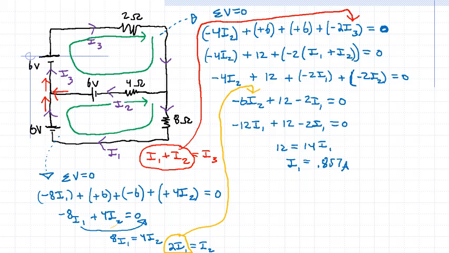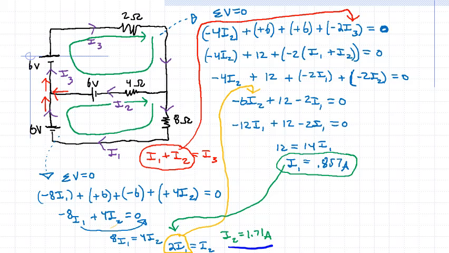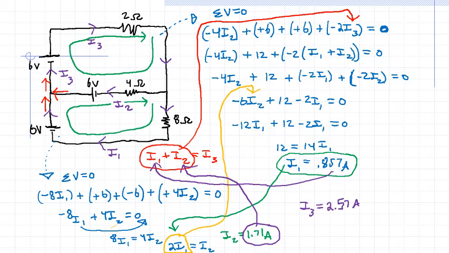So the bottom one should be going in this direction and is 0.857 amps. Place this into here, I get 1.71 amps for I2. So here is I2, which is going this direction, and that works out. The signs work out, so it is 1.71 amps going that way. And then finally, I3 is 2.57 amps, and it is going in this direction. So we've got that in there.